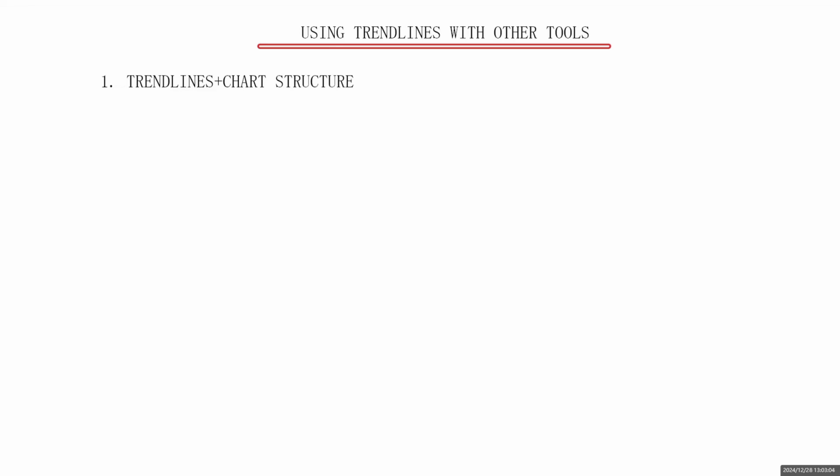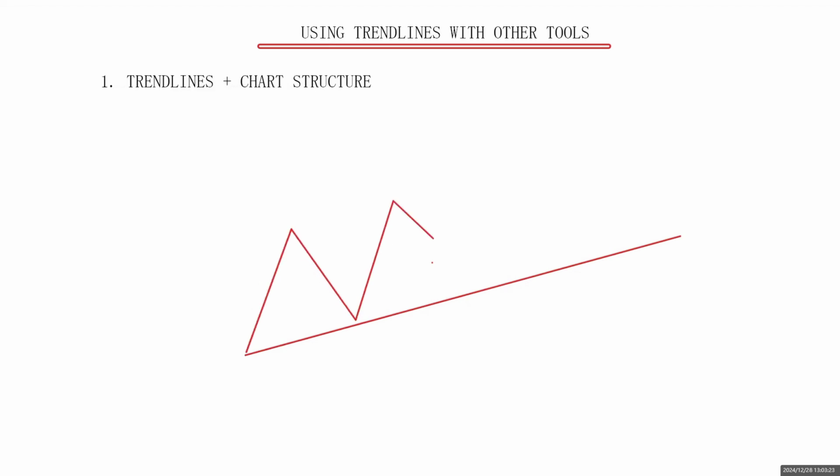First of all, what are chart structures? It's important to note that chart structures are the coordinated movements of price on the chart. So how can you use trend lines plus these chart structures together? If we see price make all of these movements on a trend line, and price wants to respect the trend line, what will price do?